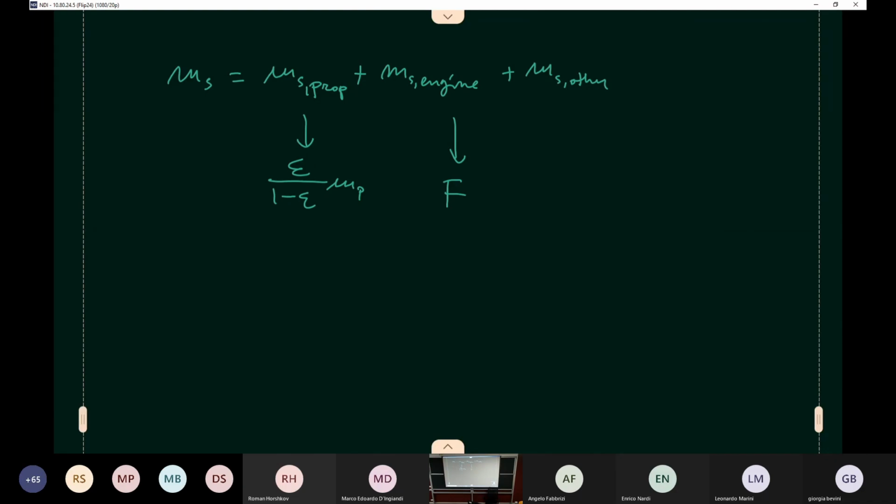And we can also try to make a further step and say what will be the thrust level that we have to consider for each stage.